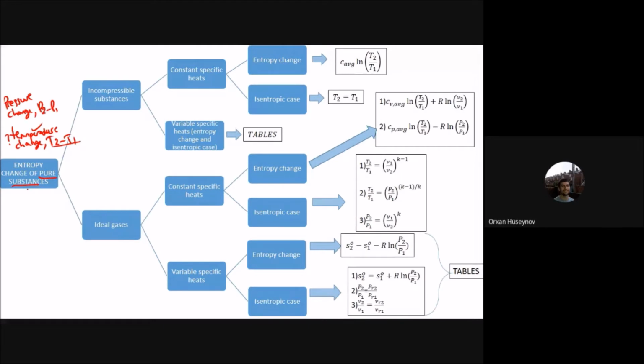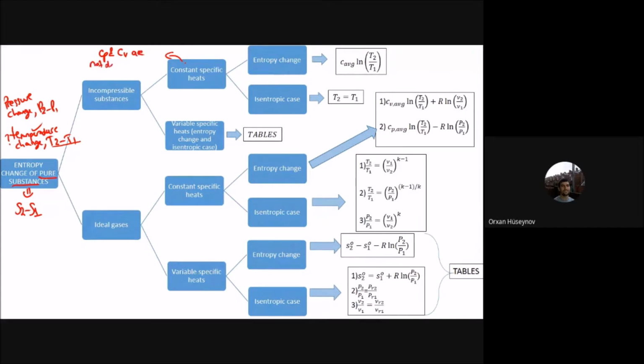This one is very important. Here S2 minus S1 is the entropy change. We have two groups of pure substances: the incompressible substances with constant specific heat, and also variable specific heat. Constant specific heat is an assumption, where we say that Cp and Cv are not dependent on temperature.